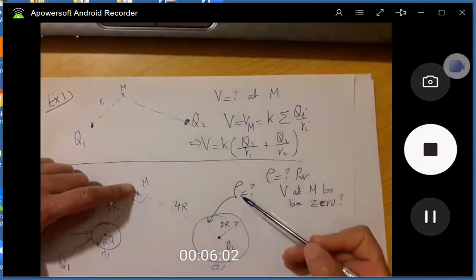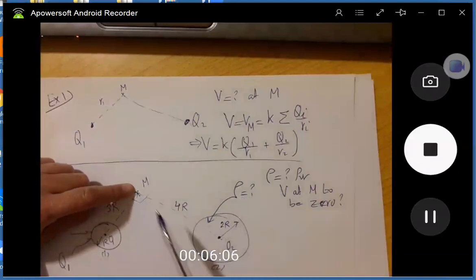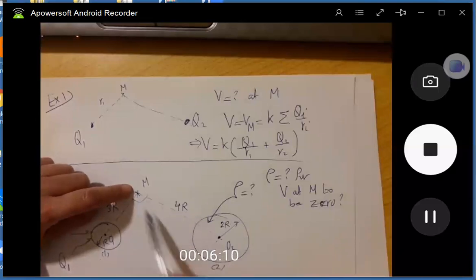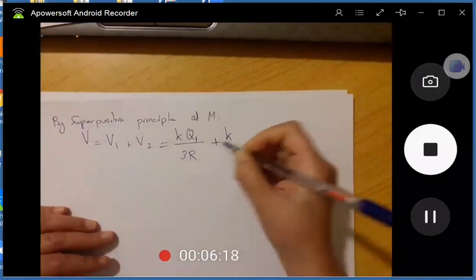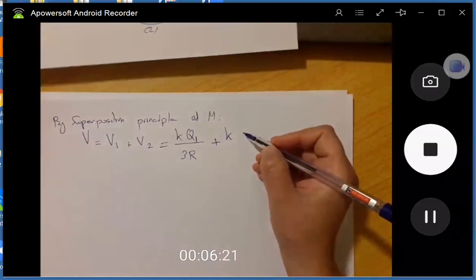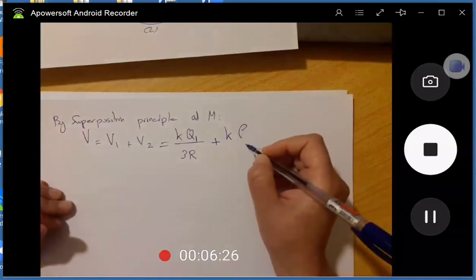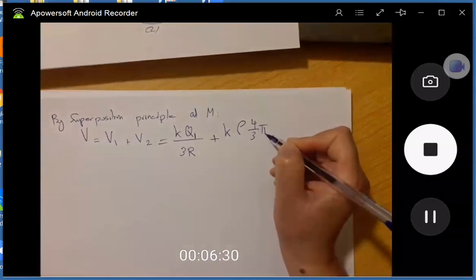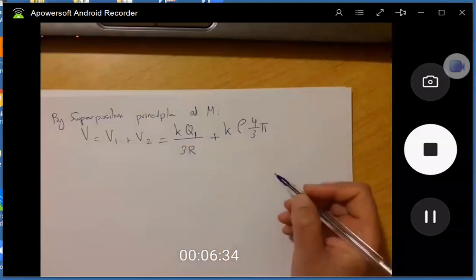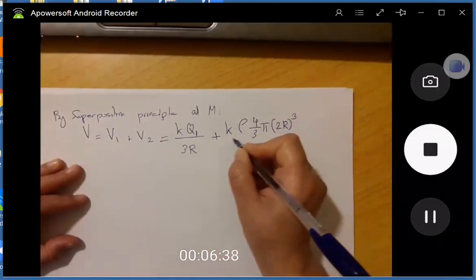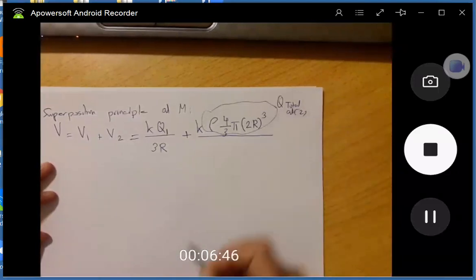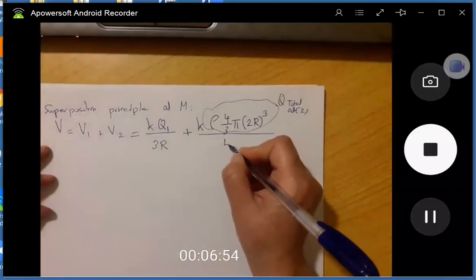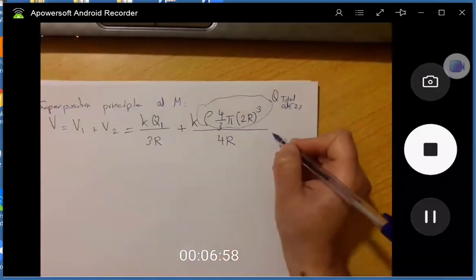I'm able to define it in terms of rho. So K times the total charge over the distance between M and O2, plus K times the total Q of sphere 2, which is rho times the volume, 4 over 3 pi times the radius of this sphere, 2R, all cubed, over the distance between O2 and M, which is 4R.